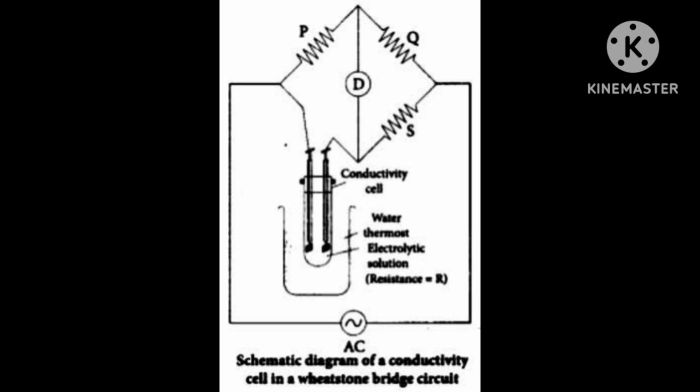indirectly, not by measuring the length of solution or cross sectional area of solution. Directly we want to know the L upon A value. Then you should know two values, R and rho.